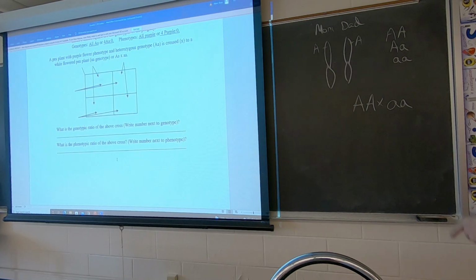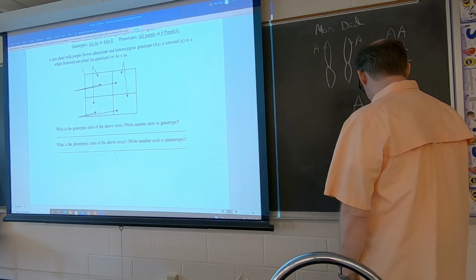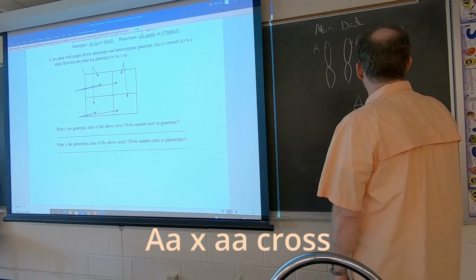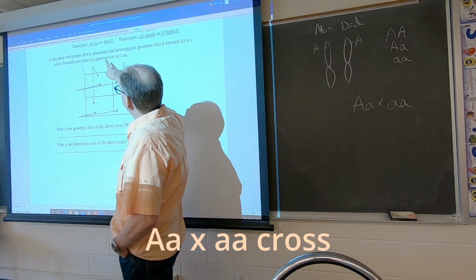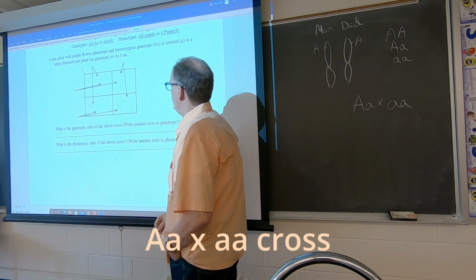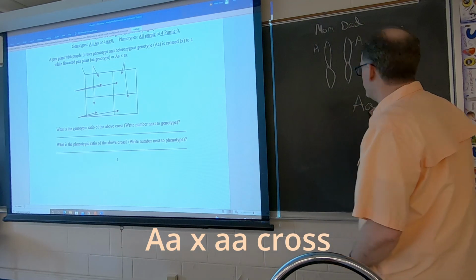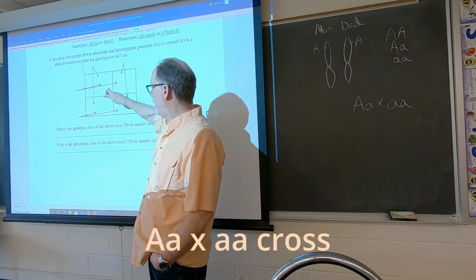And so in this question, they're asking you to do this cross, big A, little a, with a white flower P, which would be little a little a genotype, right? This would be the cross. And then it's asking you to fill in the Punnett square for that cross.